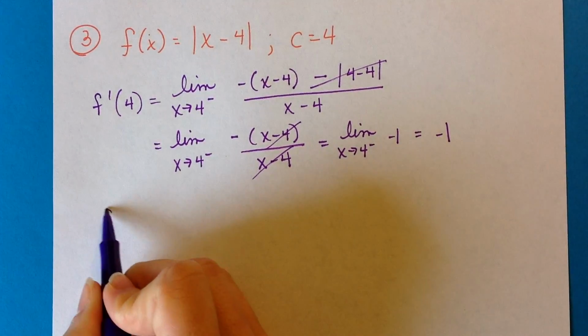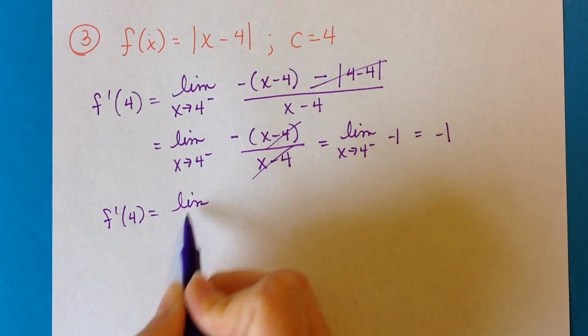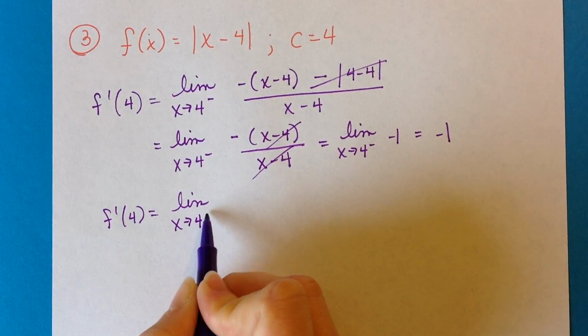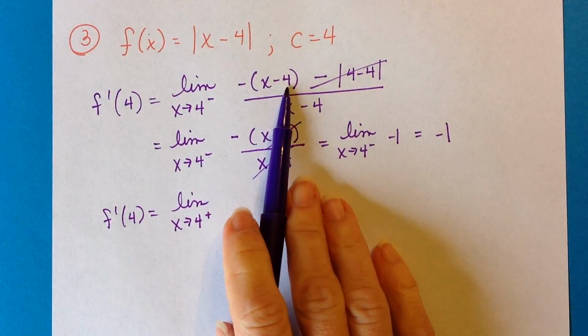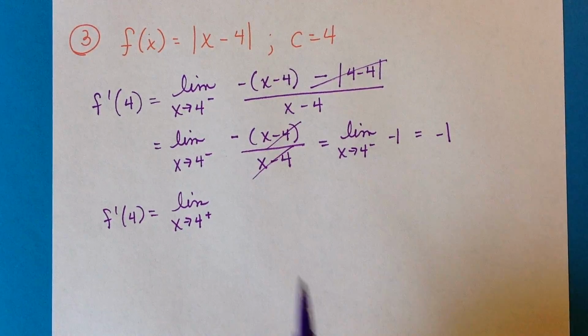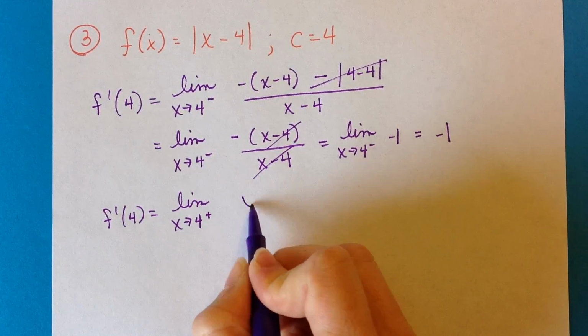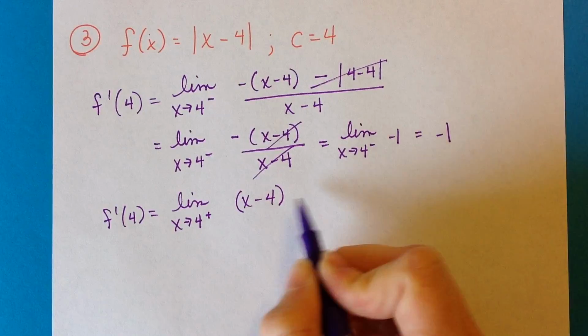Okay, now if I look at it from the right-hand side, what's going to be different about setting this up, like where I had to do the negative of x minus 4 because I was coming from the left, this time you'd do the positive of x minus 4 since we're coming from the right. Well, the positive of x minus 4 is just x minus 4.